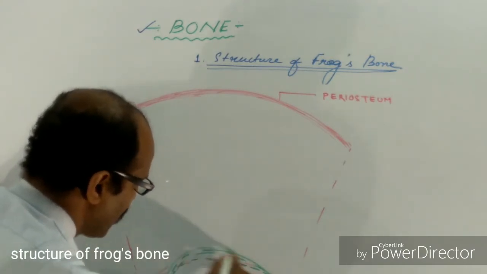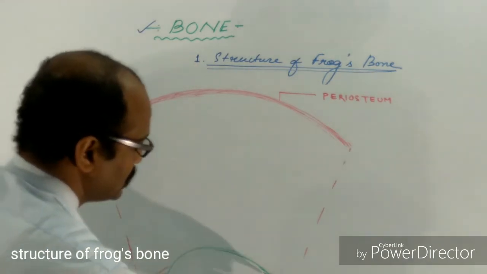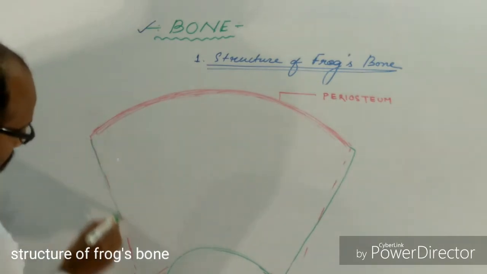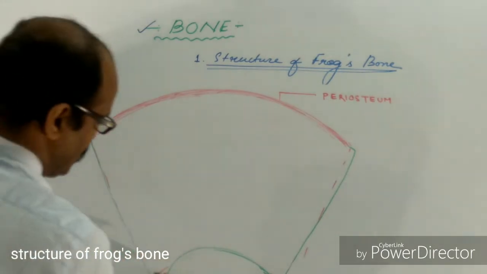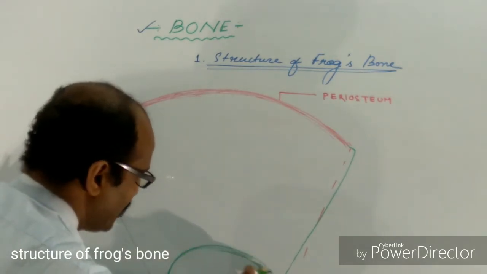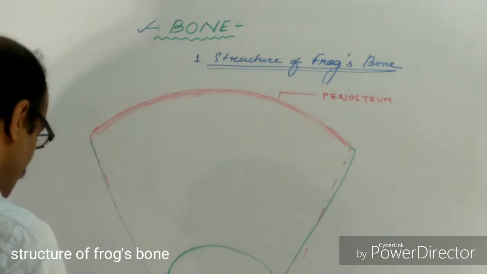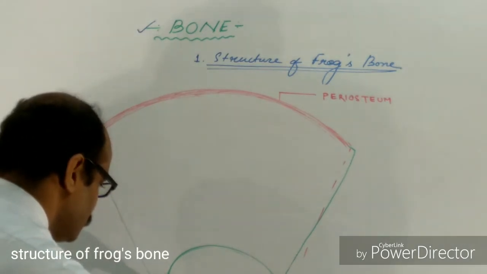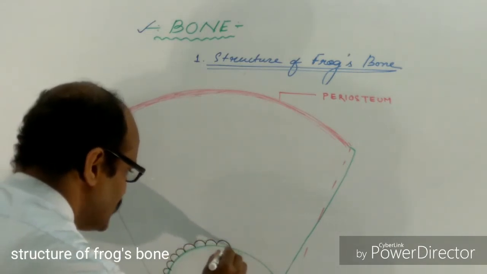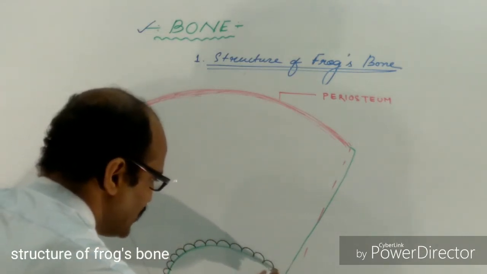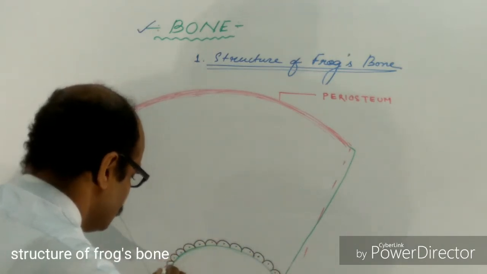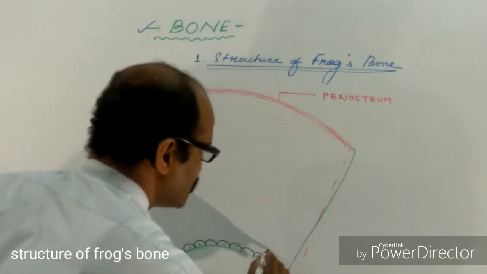This bone marrow cavity is lined by a layer of unbranched cells, and this is known as the endosteum.